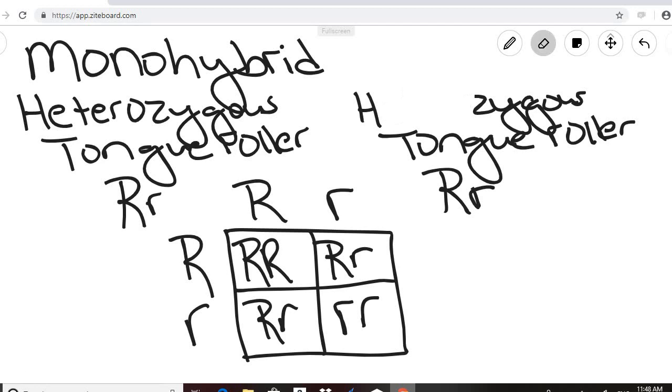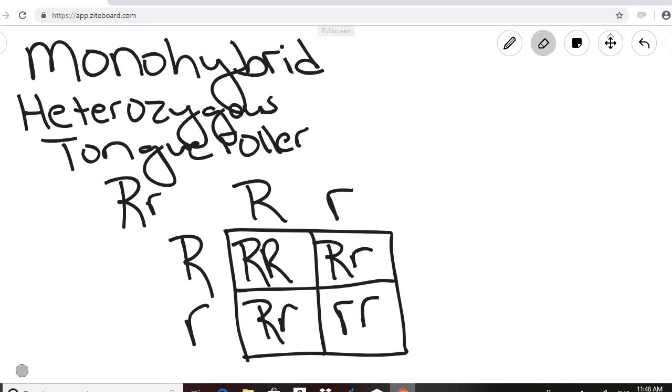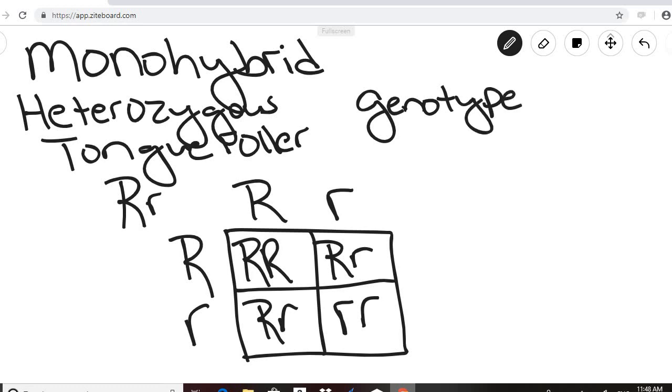So if we look at the genotypes, what are the possibilities for genotypes? You can have RR, and that's 1 out of 4, or 25%, would have that genotype.